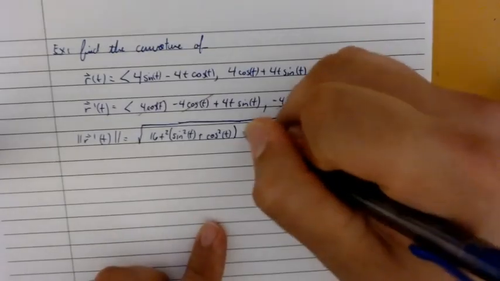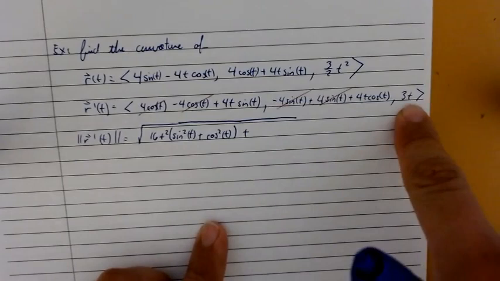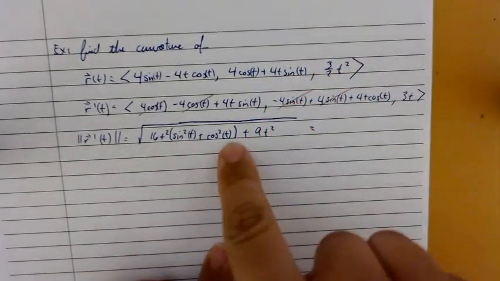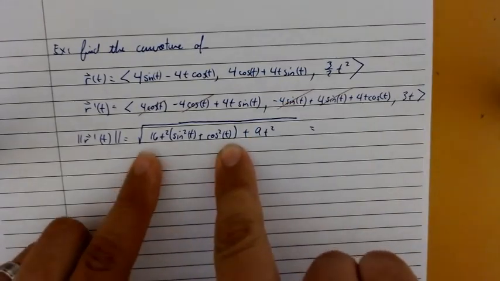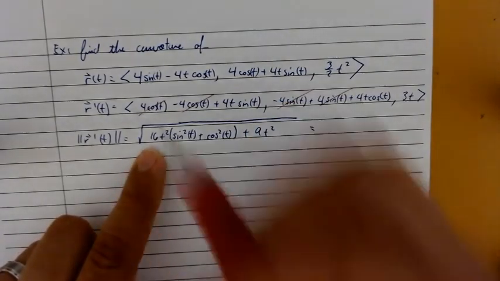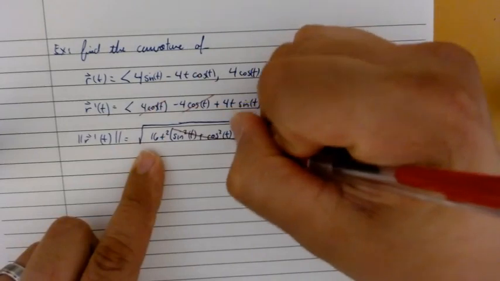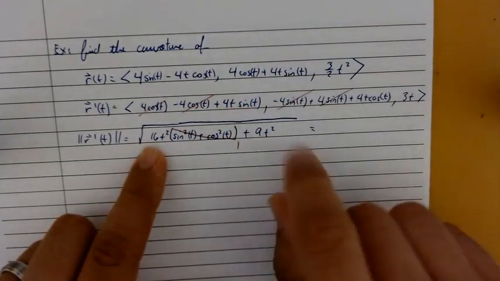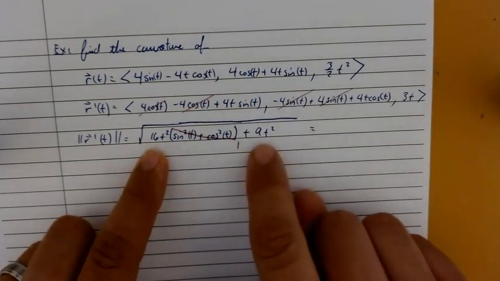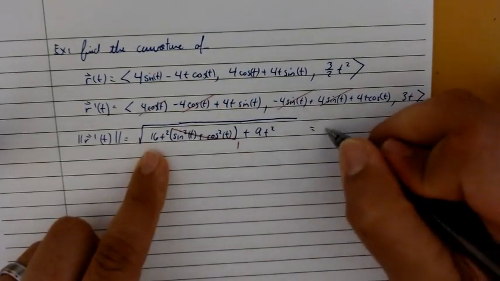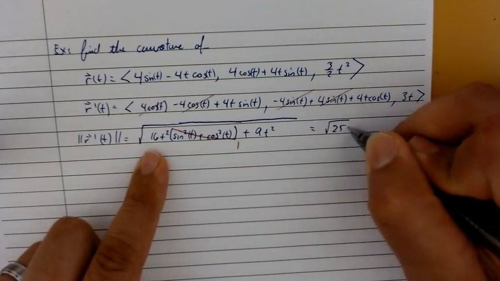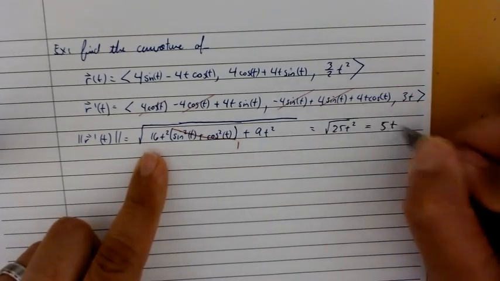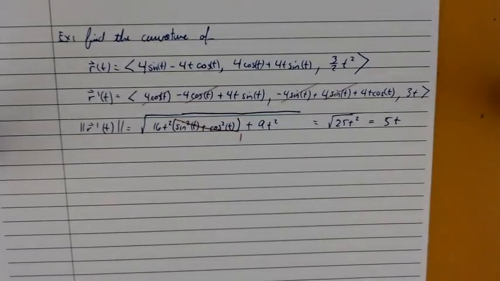Plus, and then we'll square that third component, so it'll give us 9t squared. Since that's just the number 1, really this gives us 16t squared plus 9t squared. That'll be 25t squared. And then we can actually take the square root of all that. That'll just be 5t. So that one's pretty nice.